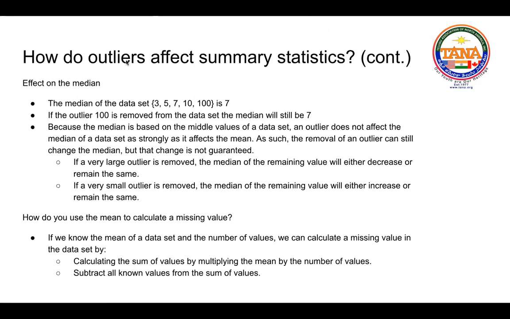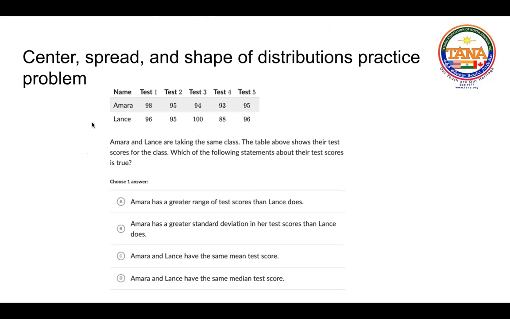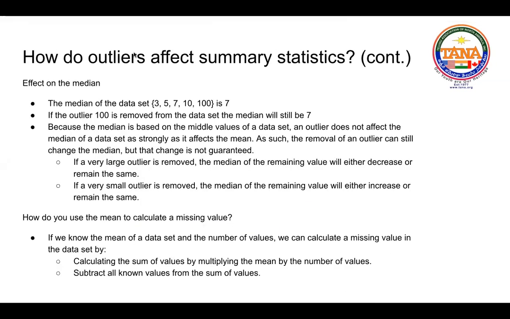So say we have the data set 1, x, 5, and we know the mean is 3. You multiply the mean by the number of values in the data set, so 3 times 3 equals 9. Then we subtract the values that we do know, so 9 minus 5 minus 1 is 3, and we know x is 3.